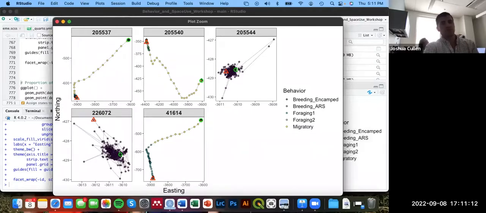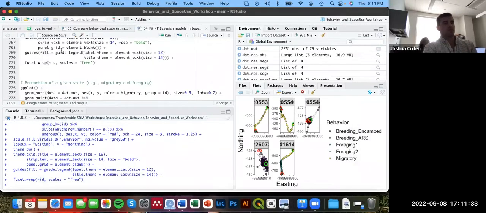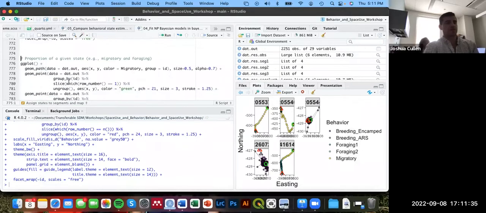The resident individuals are labeled entirely as this breeding encamped, at least for what's easily visible here, although it's likely a mix of the encamped and ARS states. So this model seems to be doing a pretty good job here. And unlike the M3 model, it's accounting for some of this temporal autocorrelation in these behavioral changes.